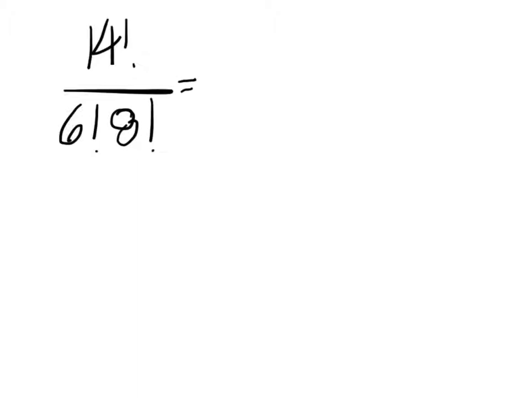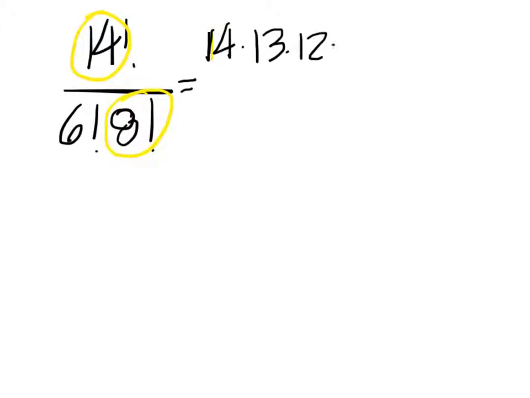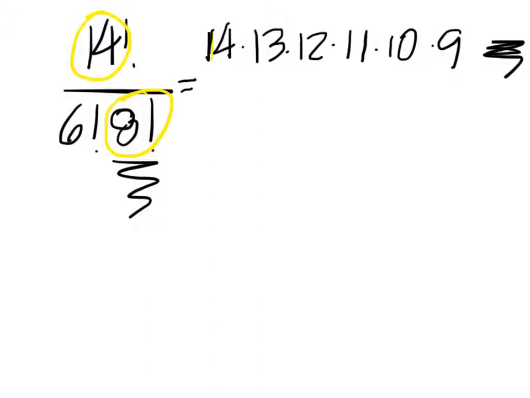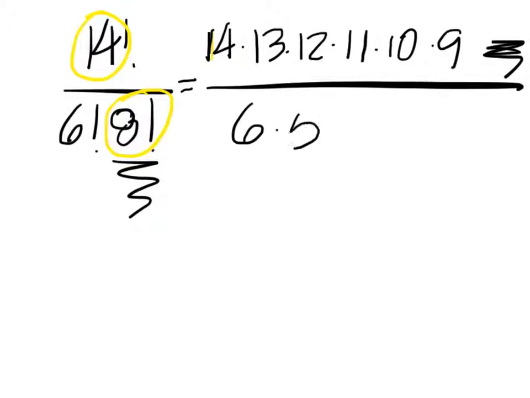The shortcut is 14 factorial over 8 factorial leaves you with simply 14, 13, 12, 11, 10, and 9 on top, because this would have canceled out with the rest of that on the top. And then 6 factorial is 6, 5, 4, 3, 2, 1.